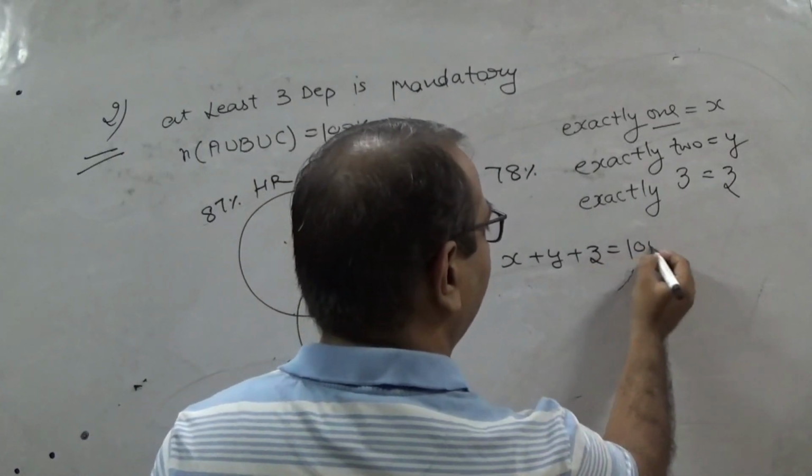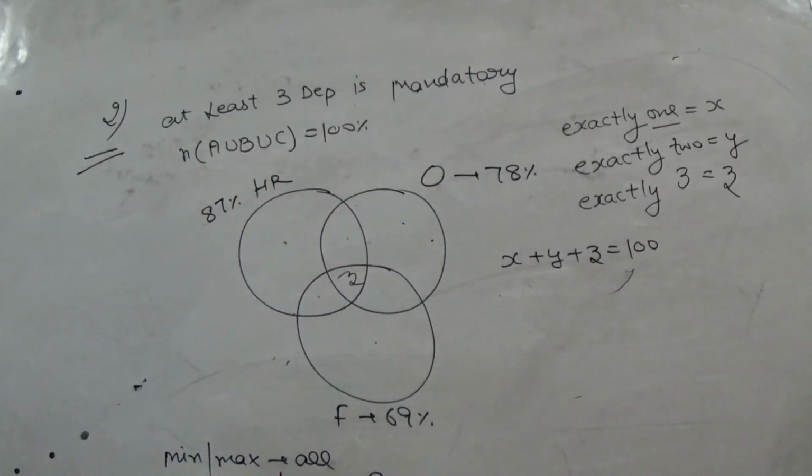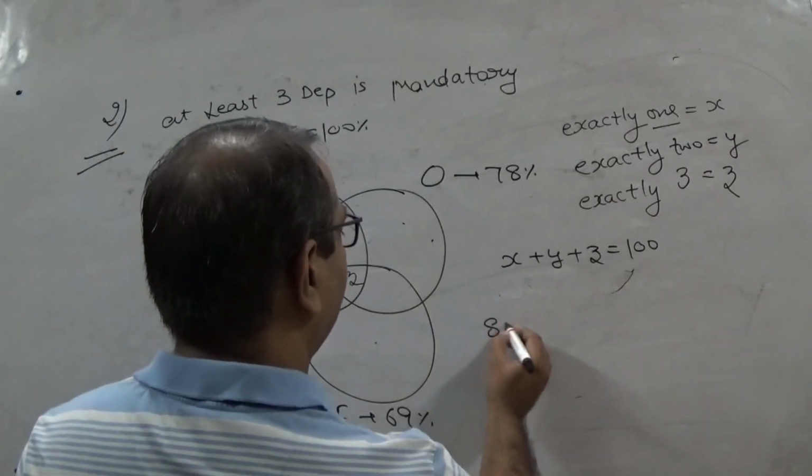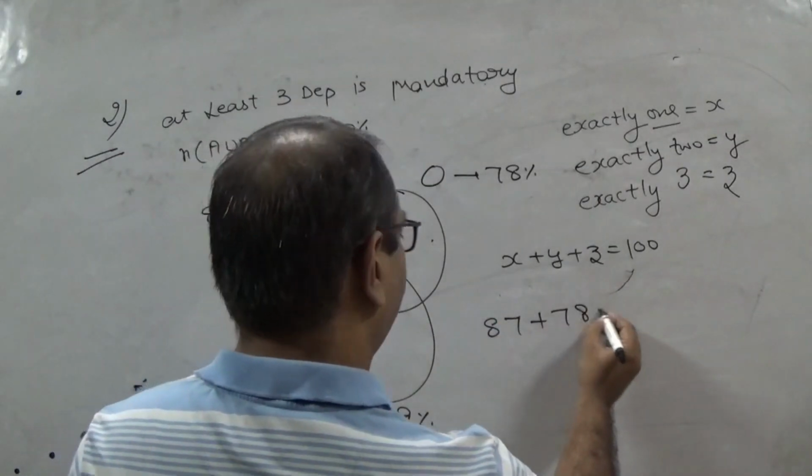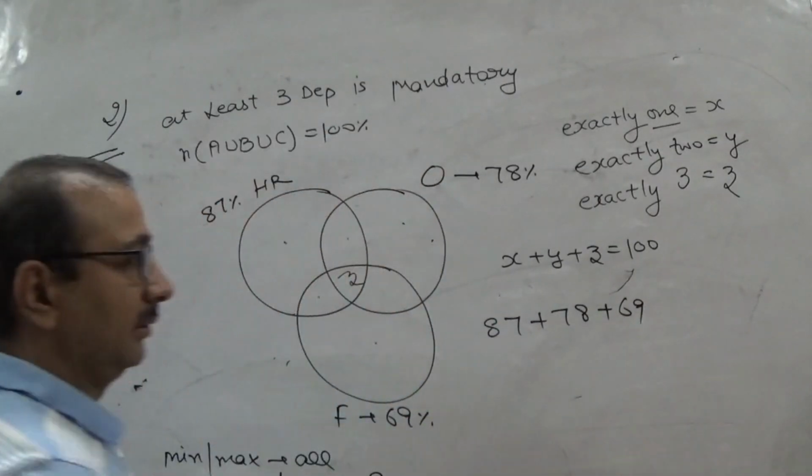One piece of information we have, because the total is 100%. And second, we apply our basic formula: n of A union B union C is n of A plus n of B plus n of C, that is 87 plus 78 plus 69.